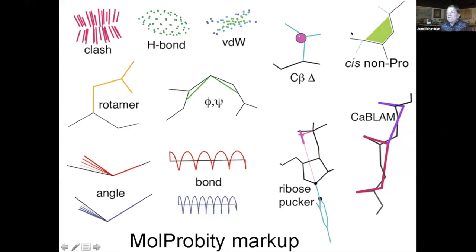Cis prolines are fine, but cis non-prolines are not usually. And you know, rotamers and Ramachandran, and then ribose pucker is important for RNA. And then we'll be talking more about kablam later, which is a multi-residue substitute for Ramachandran. It can show problems when Ramachandran has been refined away.